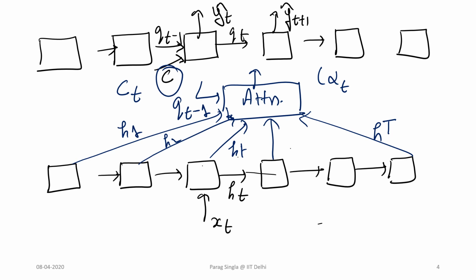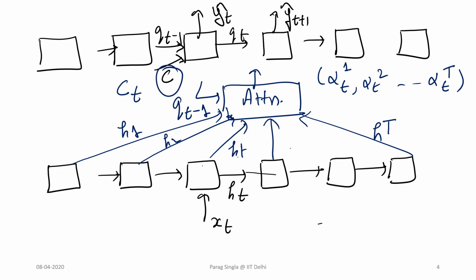Because this is the time t, this is alpha t1, alpha t2, and up to alpha capital T. Here the subscript denotes the time at which these alphas are being computed, and the superscripts 1, 2, 3 up to capital T denote the weight of the corresponding input hidden state.